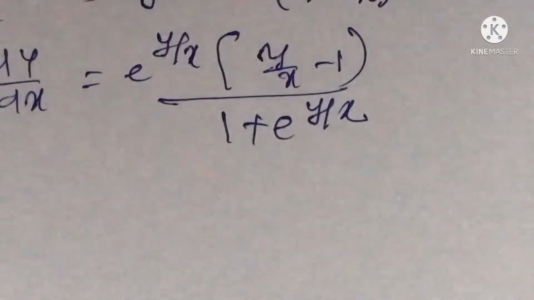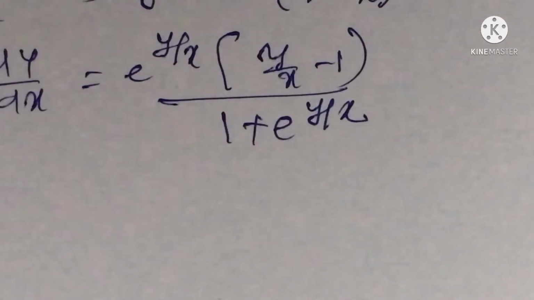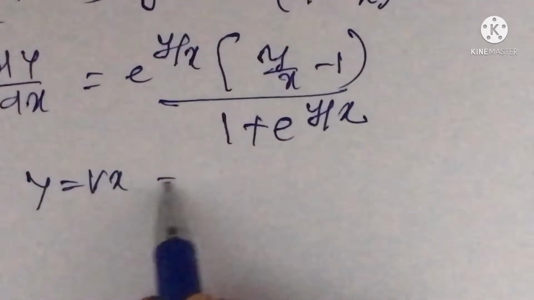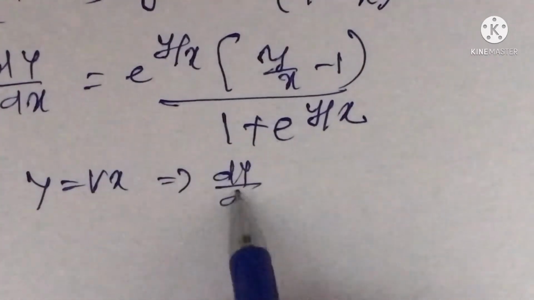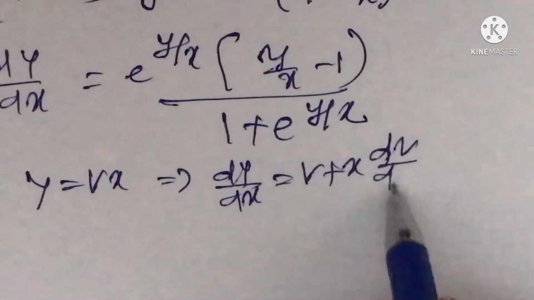We solve this differential equation by the method of homogeneous. So if we take y is equal to vx, then dy by dx is equal to v plus x dv by dx.